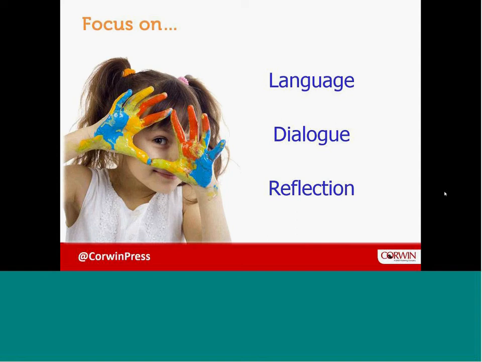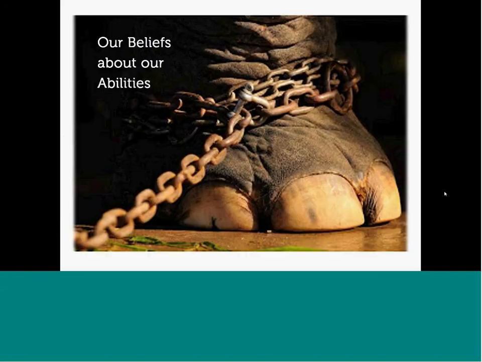So, picking up on the idea of developing dialogue and language for learning, giving students opportunities to reflect on their thinking and their learning. Recently, a friend was talking to me about the way that elephants are trained, one of those fascinating conversations that draws you in. He said that elephants, from the time that they're small, have a rope tied around their leg, which is attached to a post in the ground, so that the elephant can walk, but when the rope stretches, the elephant feels a tug on its leg.